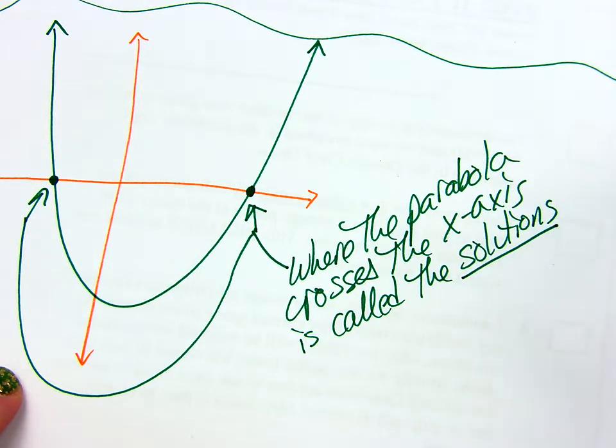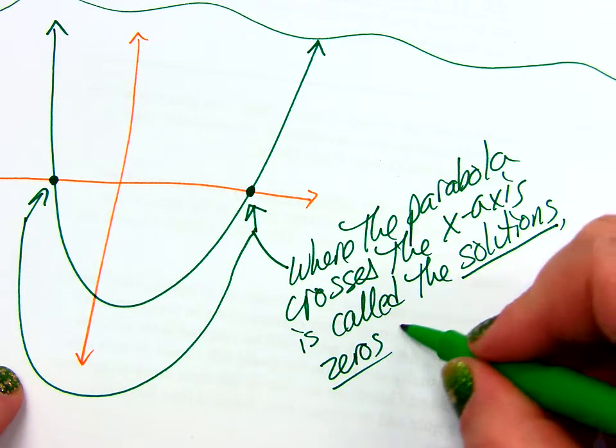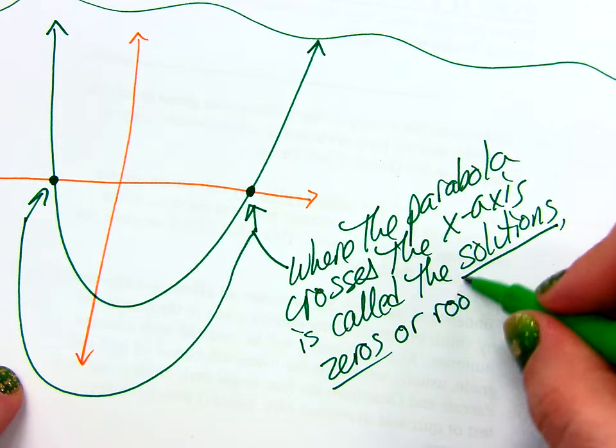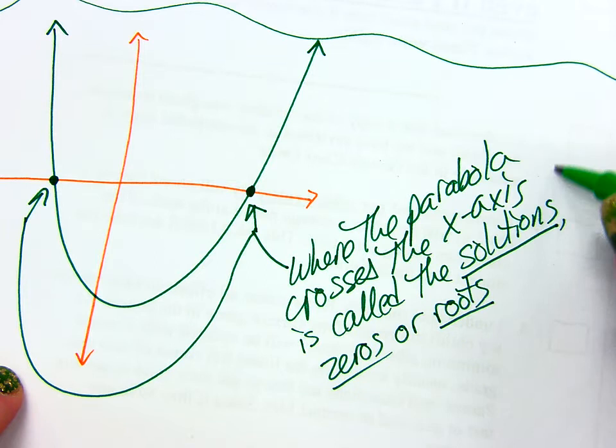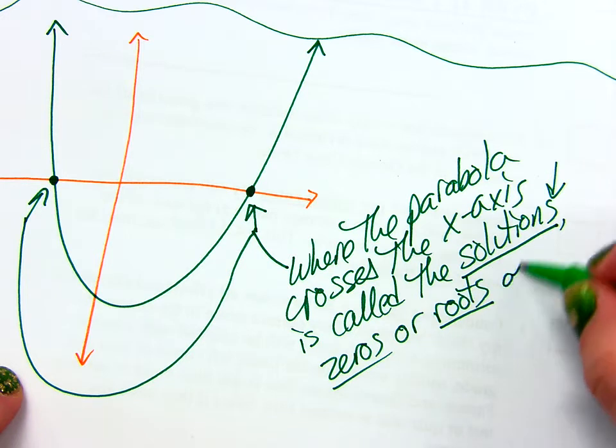We're going to keep referring to it as solutions, but you can also call it solutions, zeros, or roots. All of them are kind of interchangeable. For right now, we're just going to refer to them as solutions. The solutions, zeros, or roots of the quadratic.